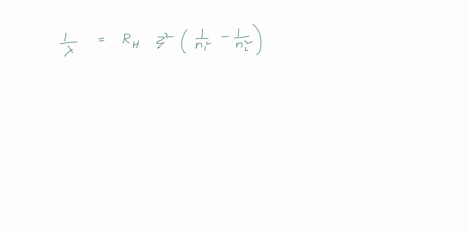Z is the atomic number of the species. If hydrogen is mentioned, Z is equal to 1, He plus means Z is equal to 2, Be3 plus means Z is equal to 4. So this Z value depends on the species.